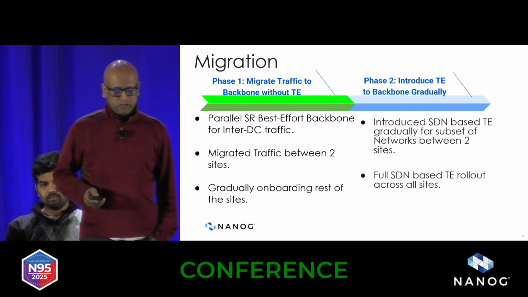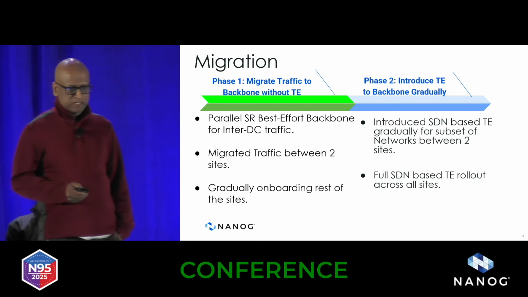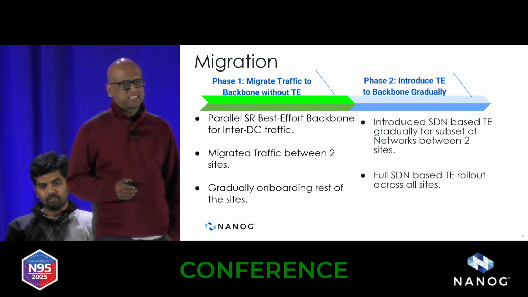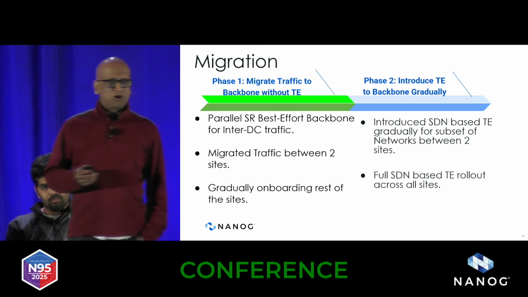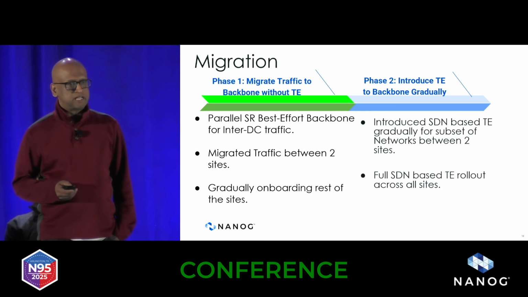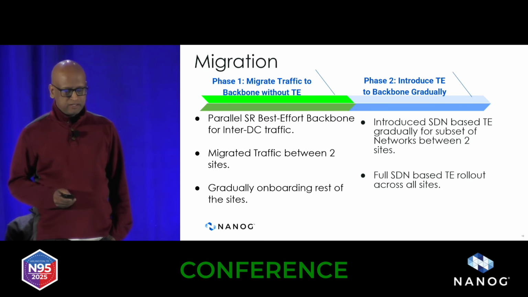In phase two, we introduced the SD-WAN controller. We did the pilot between two non-production sites. Then we added a small subset of networks, like a single top of rack, including some bursty traffic and non-bursty traffic.